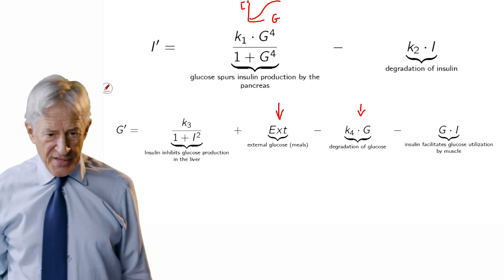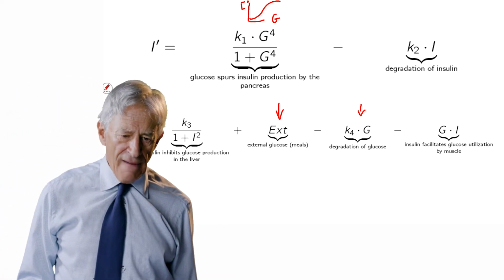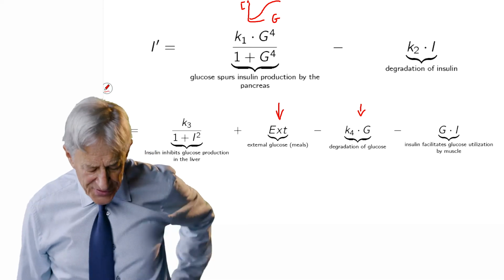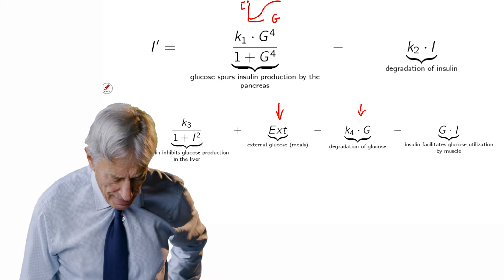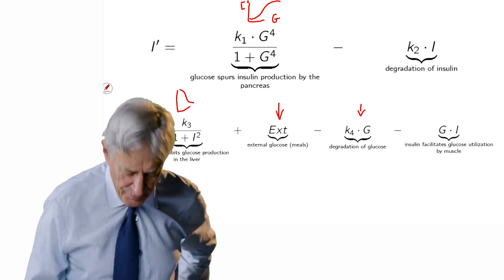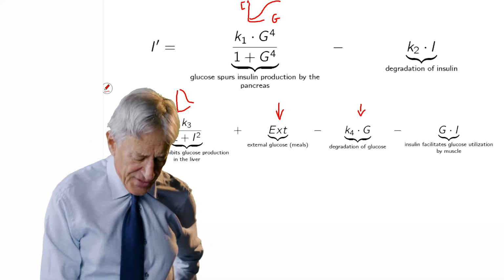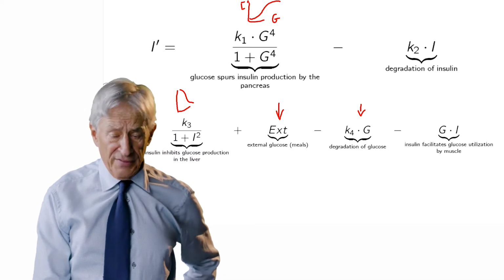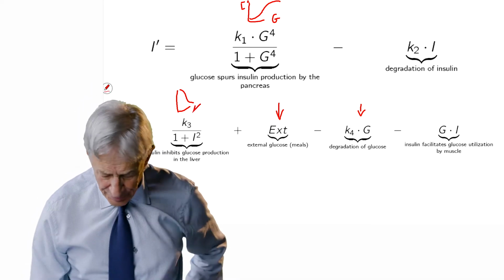There's an interesting piece of physiology that has to be built in here, which is that, as you see, insulin inhibits glucose production in the liver. And so we have a downgoing sigmoid here. The more insulin there is, the less glucose is produced by the liver. And that takes care of that term.